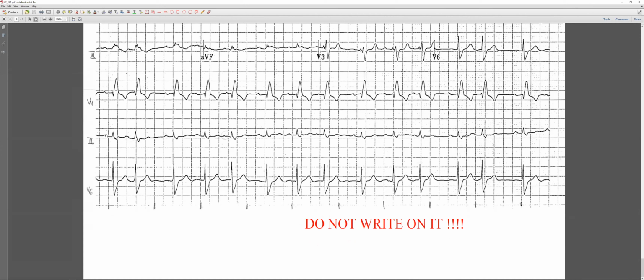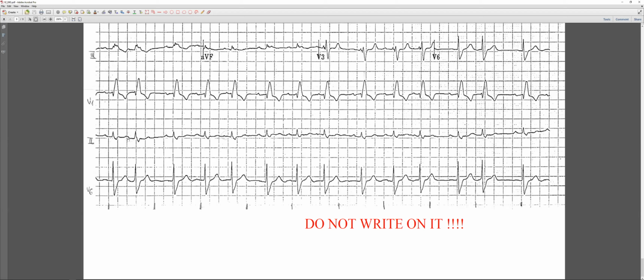It's not the same. What does it mean? When the morphology is different, it means that it's coming from different parts of the supraventricular area. So in the atrium, it's an intra-atrial beat or something like that. Because the morphology is not the same, but it originated from the atrium.